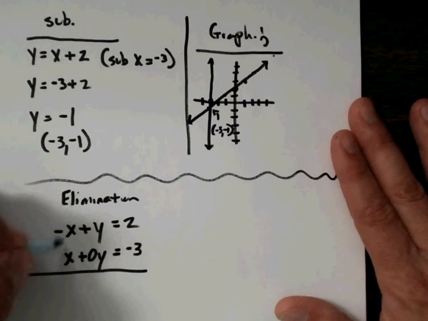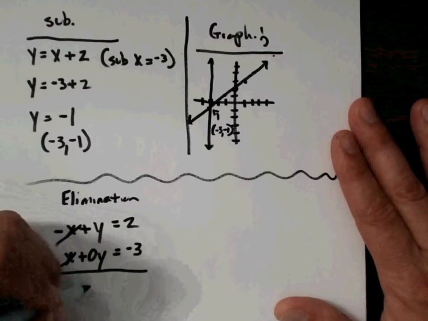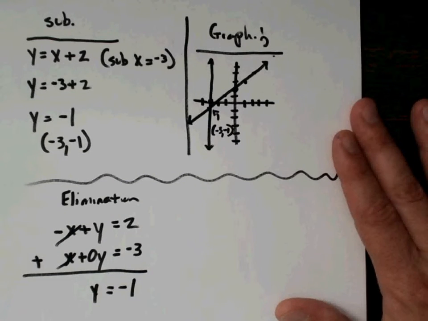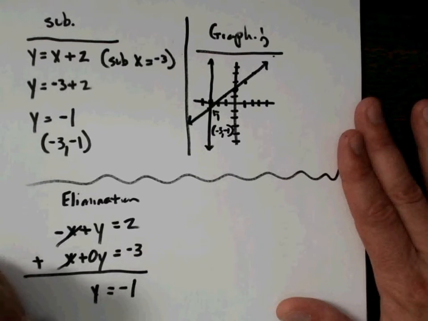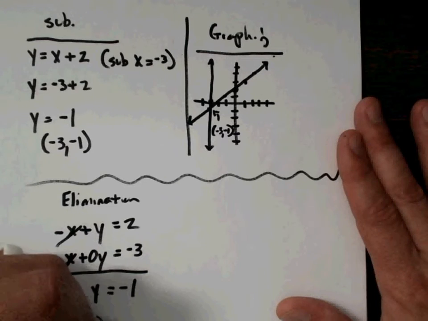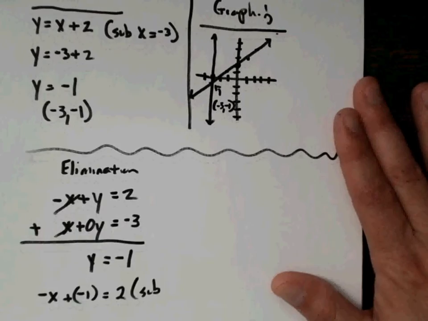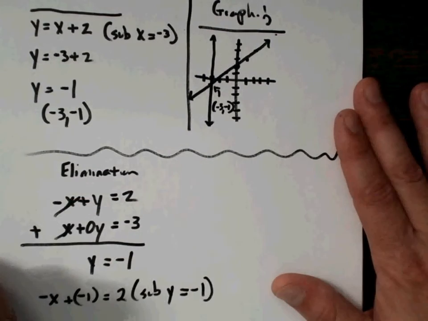Okay? And so, I have a coefficient of 1. I actually already have the opposites of each other, so if I add these, my x's cancel out, and my y is this. There's my value for y. And so I can plug it back in. Negative x plus negative 1 equals 2 when I substitute y equals negative 1.